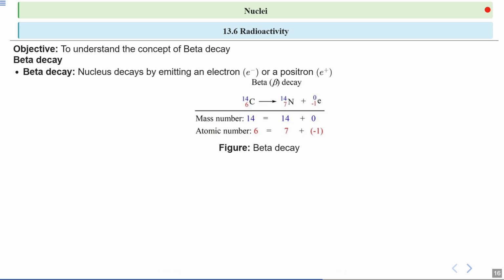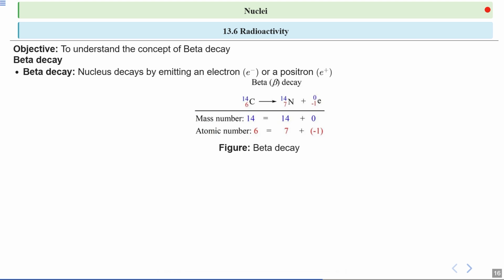So you can see a carbon-14 nucleus, after emitting an electron, that is a beta minus particle, is converting into nitrogen-14. Initially the mass number of carbon is 14, and after decay the mass number of electron and nitrogen collectively is 14.